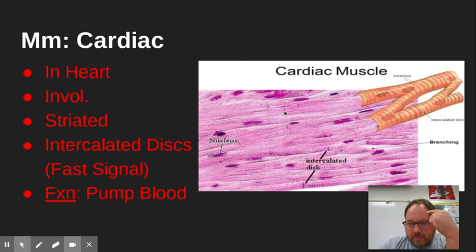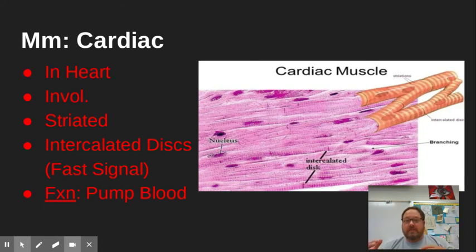If you look at the microscope image, it's just like a little thin line. Now, in reality, intercalated discs have holes in them, so they allow materials to travel through them more quickly. What this does is it allows electrical signals to travel through the heart rapidly, so your heart can boom, boom, boom, have the chambers contract in a really coordinated fashion. Your heart will beat 60, 80 times a minute.